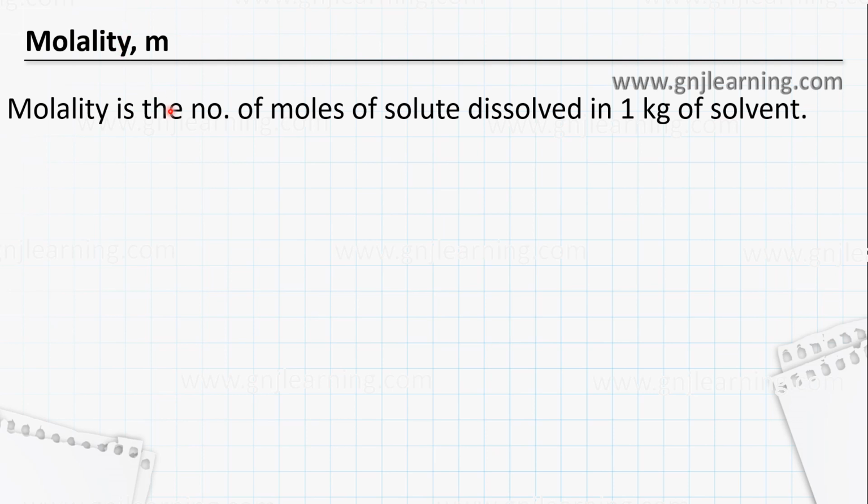Again, molarity means the number of moles of solute dissolved in 1 liter of solution. So that's a volume. Whereas in the case of molality, the solute is dissolved in 1 kilogram of solvent. 1 kilogram is a mass, and mass is a constant.